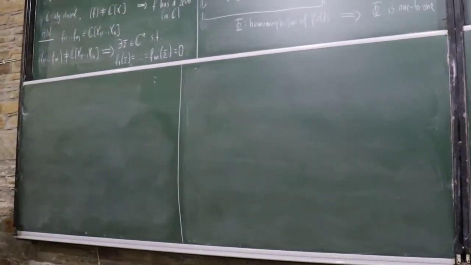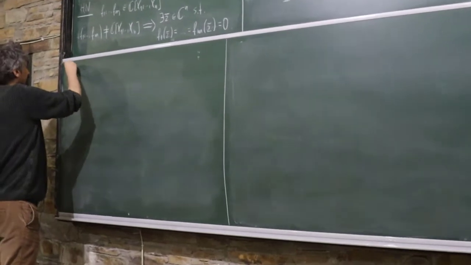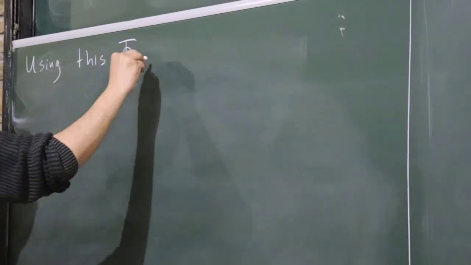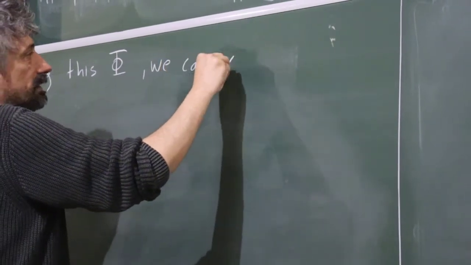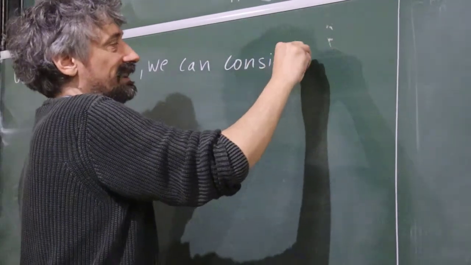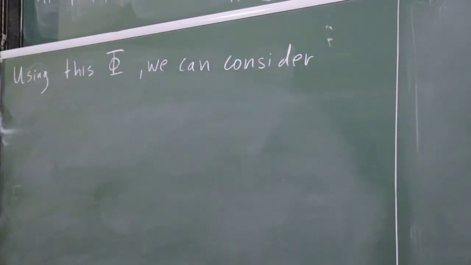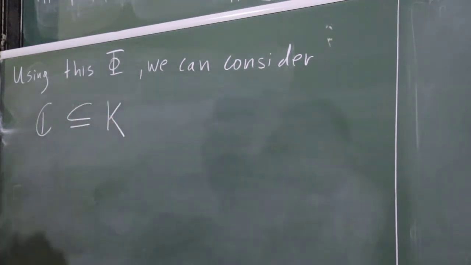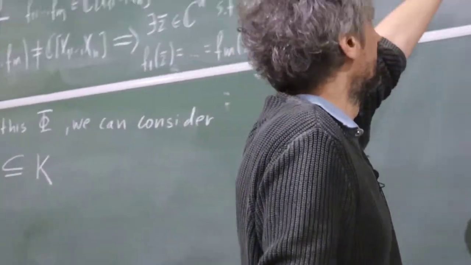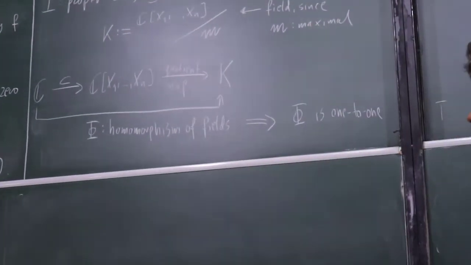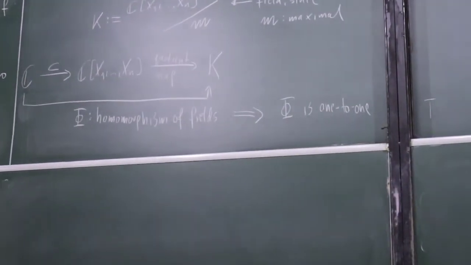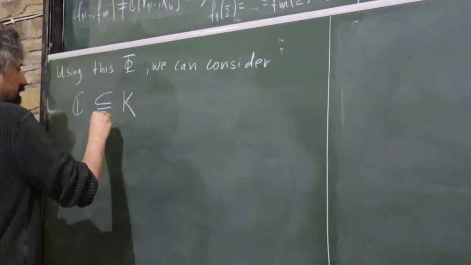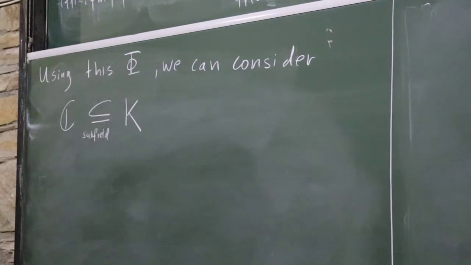So now, since it is one-to-one, we can think it's actually an inclusion. Just identify C with the image in K, and then think about this as your new C. But here, there is a solution.